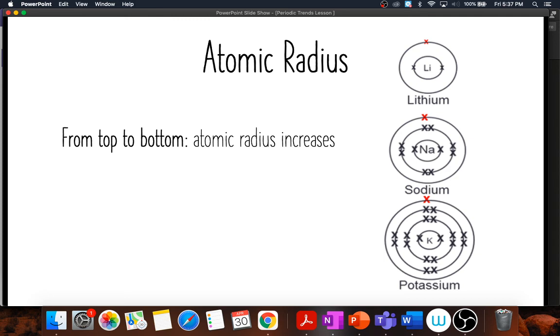The electrons on the outermost shell tend to be farther and farther away. And because they're farther and farther away, we know that the atomic radius increases. And because there are more electrons between the nucleus and the outermost electron, or the valence electrons, there is more shielding. Okay, and that is the trend for atomic radius in the periodic table.